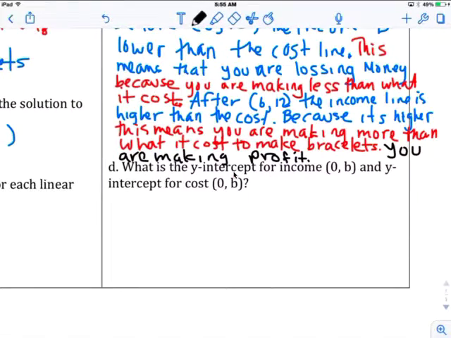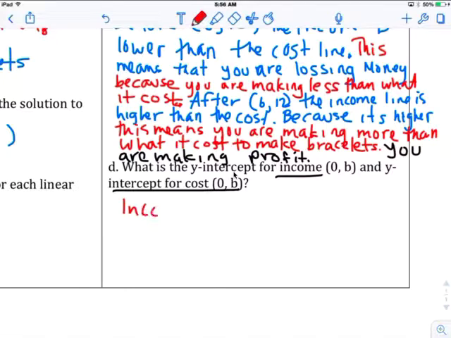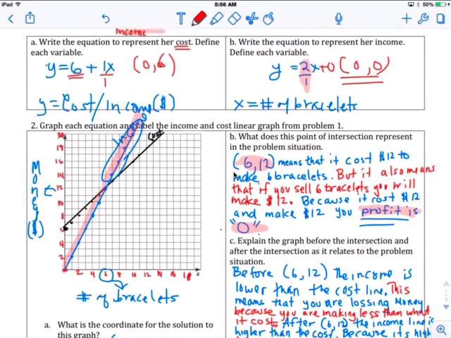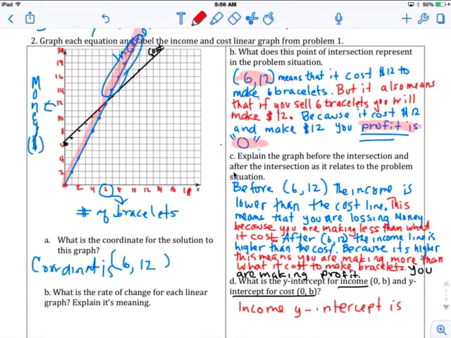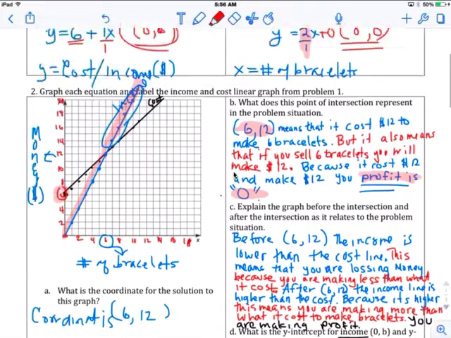What is the y-intercept for the income and the y-intercept for the cost? Okay, income's y-intercept is 0, 6, right? 0, 6 right there. Both spot on the graph, and I wrote it there.